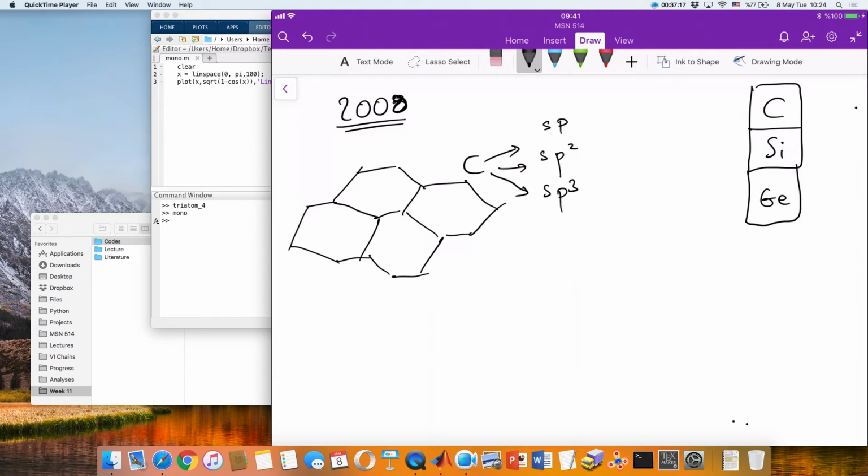But silicon usually prefers sp3. So thinking that silicon can make this flat honeycomb structure was madness back in the time. Nobody would agree with you. And there was a point. So let me tell you what we did.